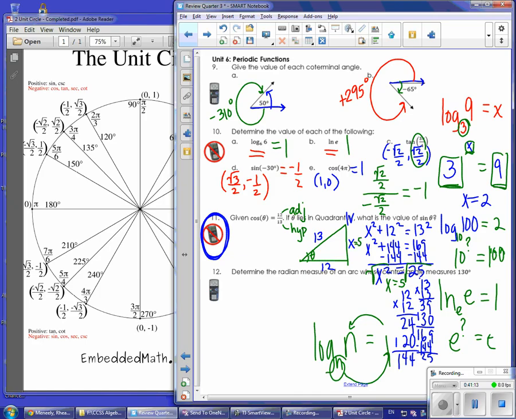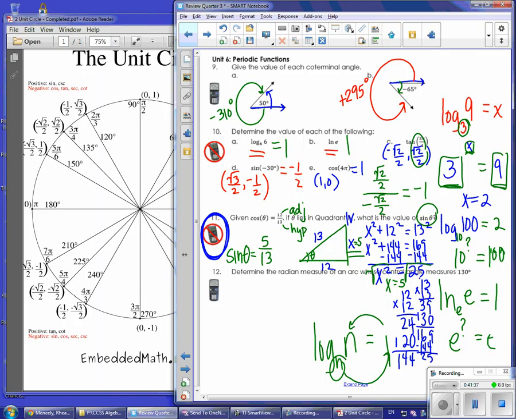Now that gives me the missing side, but it doesn't tell me the value of sine. I still have to do that. The sine of theta, remember, is going to be the opposite over the hypotenuse. And the opposite side now, we know, is 5 over 13. The very last thing that you have to consider is whether the sign, positive or negative, of this value should be.